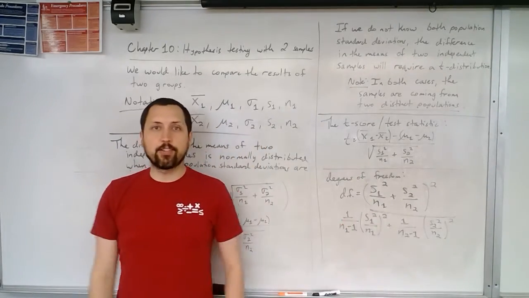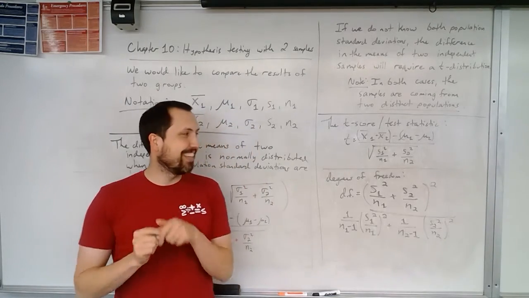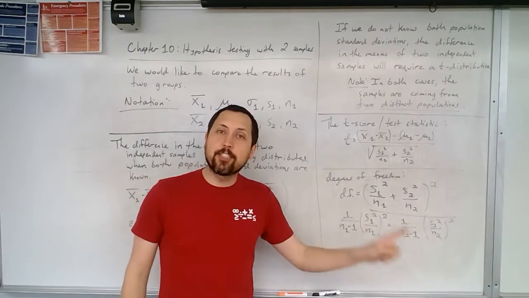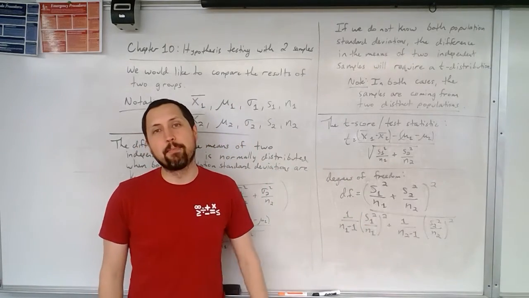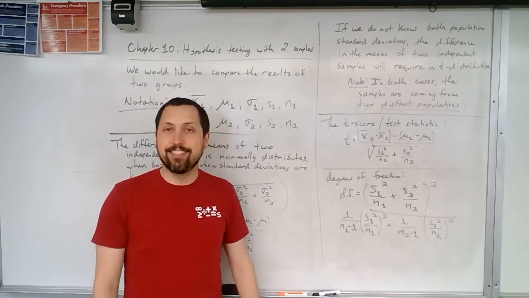So that is your degrees of freedom when you have two samples. It gets me every time. It really does. So fortunately, we will not be doing that by hand. The calculator will take care of this because that is nasty.